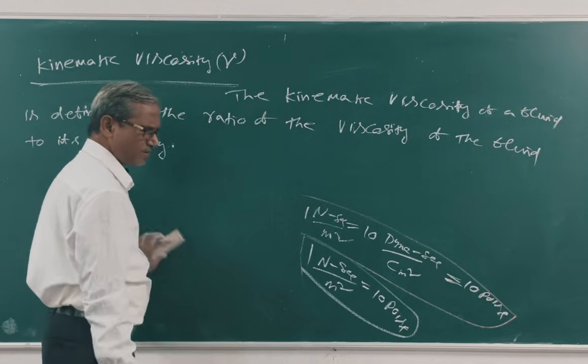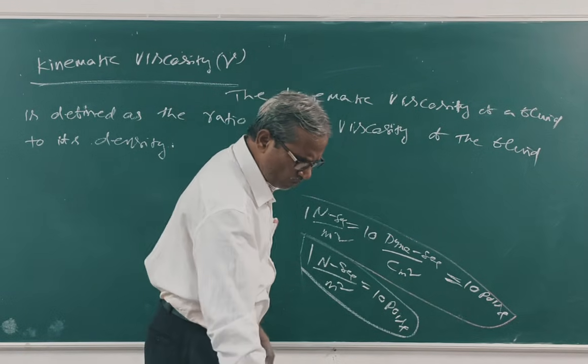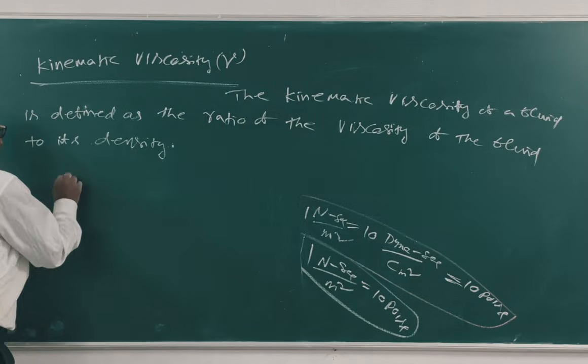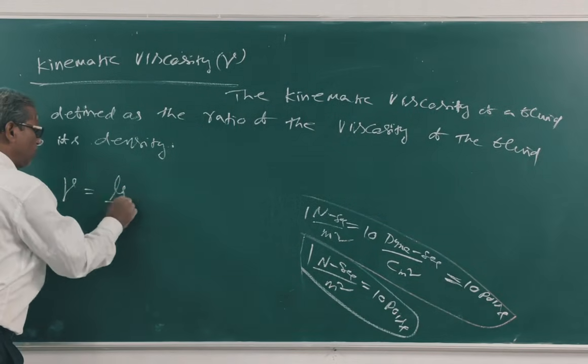Clear? What is nu equal to? Therefore, nu is equal to mu by rho.